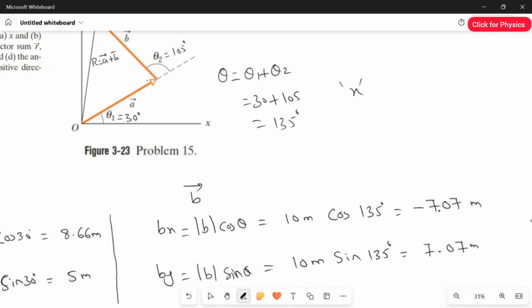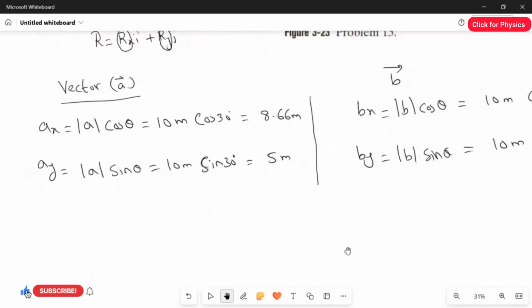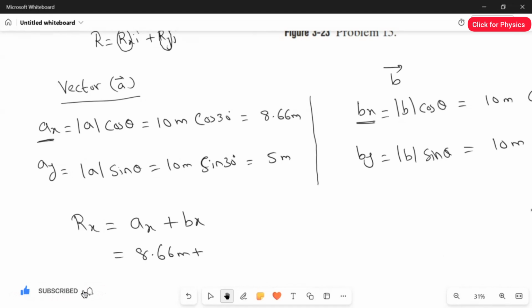Now we have to find the x component of the resultant vector. For the resultant vector, r of x, we have to take the x component of the a vector and then the x component of the b vector. So r of x is equal to a of x plus b of x. What's the value of a of x? 8.66 meter, plus what is your b of x value?